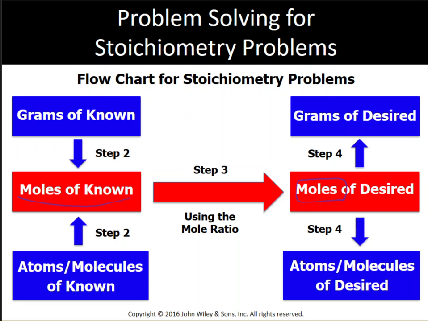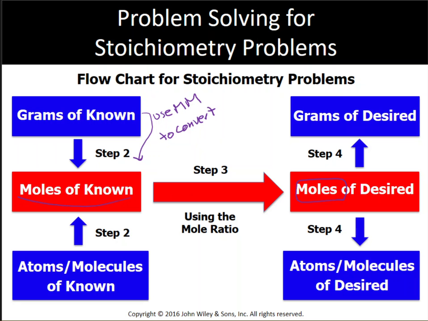Now, if the moles of the known compound are not given to you and you're given the grams, remember that you have to convert from grams to moles first using the molar mass. And once you convert to moles, then you can use the balancing coefficient.